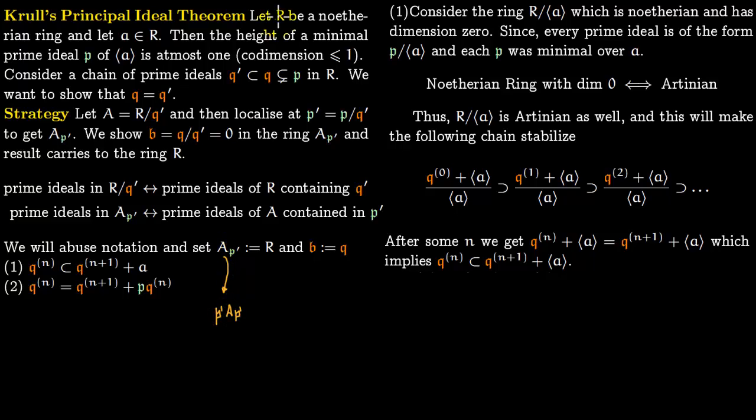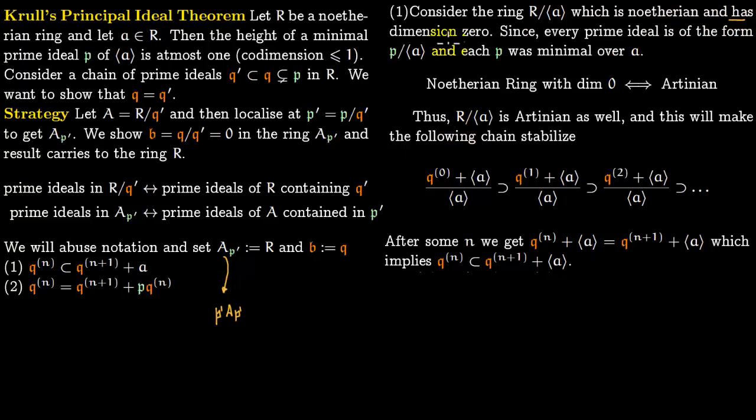As we said before, we started with this ring R and we ended up at A P prime, but the localization of a Noetherian ring gives you a Noetherian ring, so this is Noetherian. So R modulo A is Noetherian, where R means this thing.